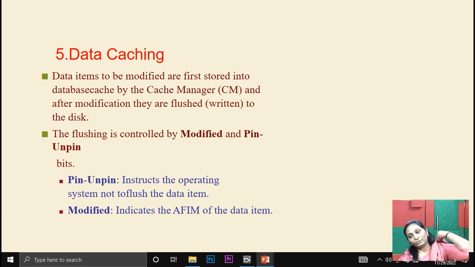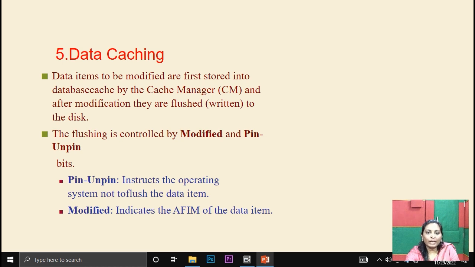Next, data caching. What is meant by data caching? Data items to be modified are first stored into the database cache by the cache manager. When the data item is modified or updated, it is first stored in the database cache by the cache manager, and after modification they are written to the disk. Flushed means written.